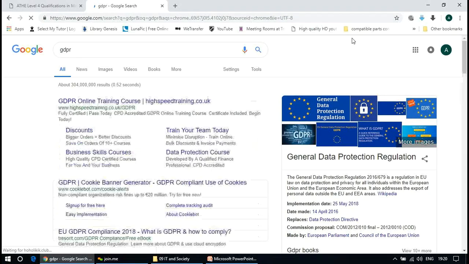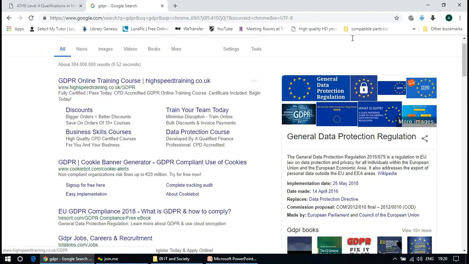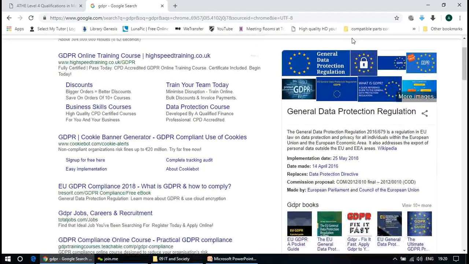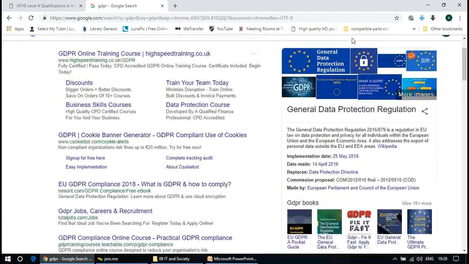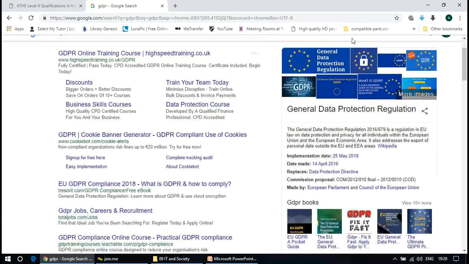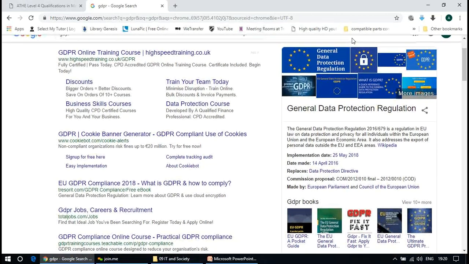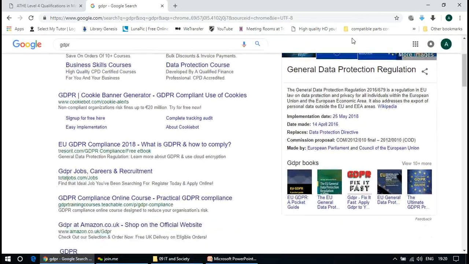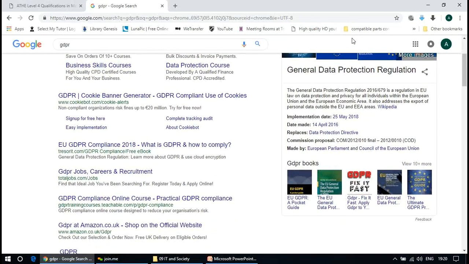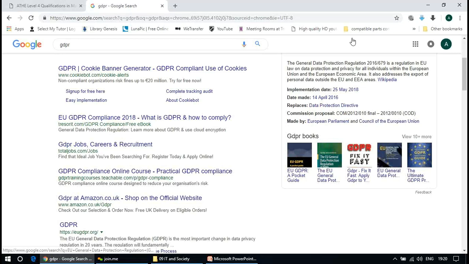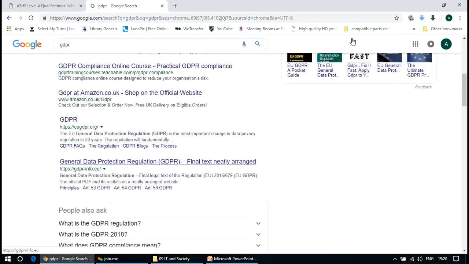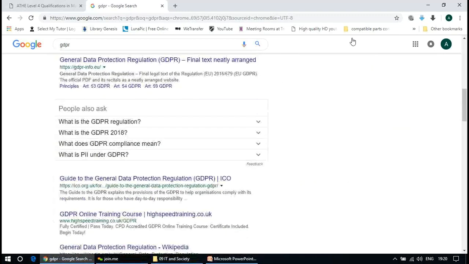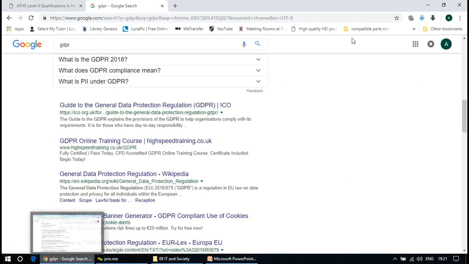So it's EU based. At the moment it is EU based until Brexit. So the General Data Protection Regulation, 2016 in the EU, is definitely governing in the EU.